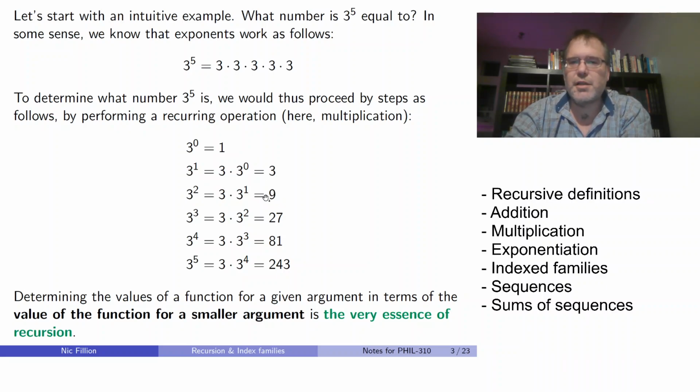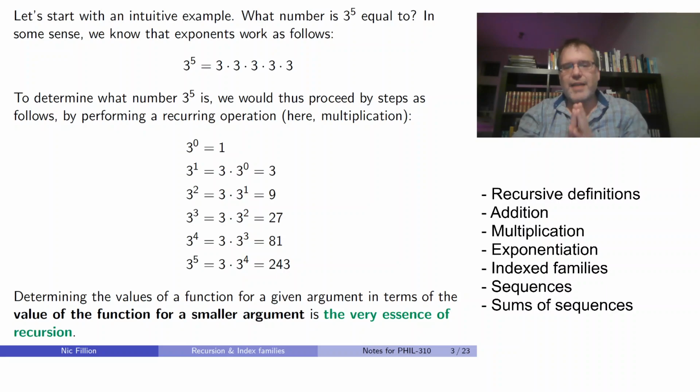So that gives us 3 times 3 equals 9. 3 to the power 3 is again going to be just 3 times the number that we got on the previous line, which is 3 to the 2. Right, so you see I'm increasing my exponent one by one. This time I have 3 times 9 equals 27. 3 to the 4 is 3 times 3 to the 3, which is 81. 3 times the number I got on the last line, and so on.